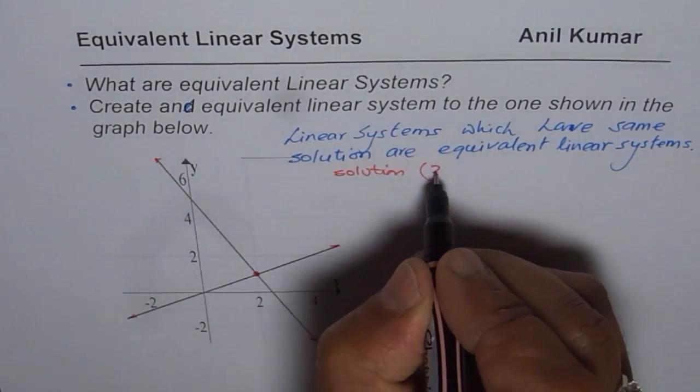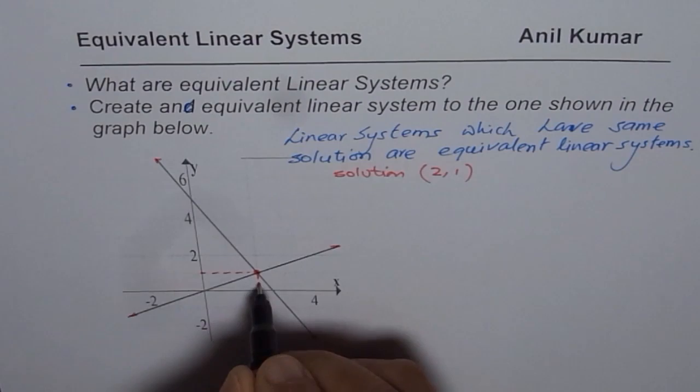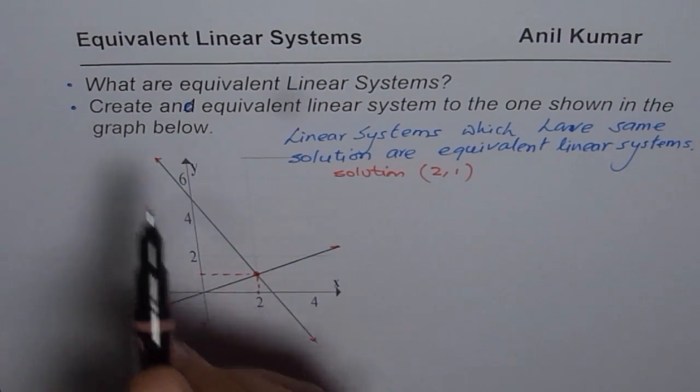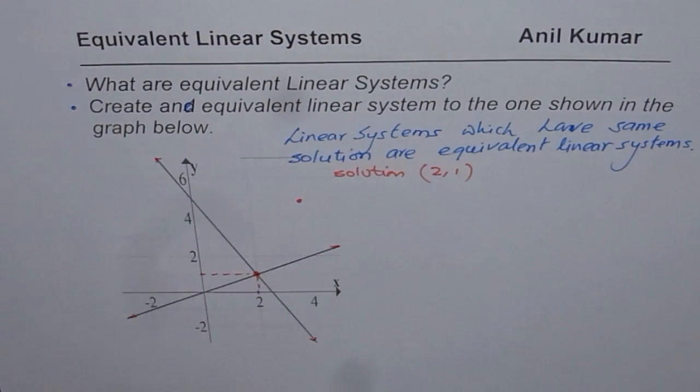So (2, 1) is the point of intersection of these two lines, and that becomes the solution of the given linear system.